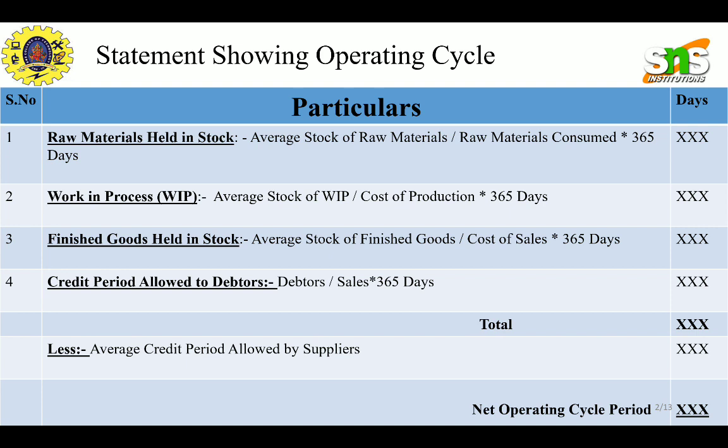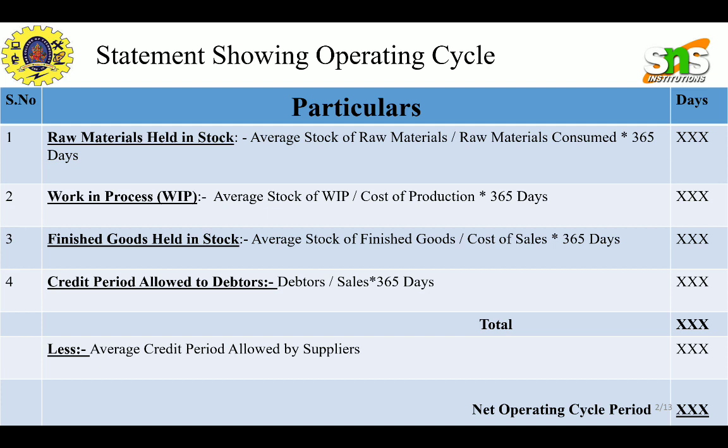The second one is work in progress. After the raw material is converted to work in progress, we want to find out the work in progress days.